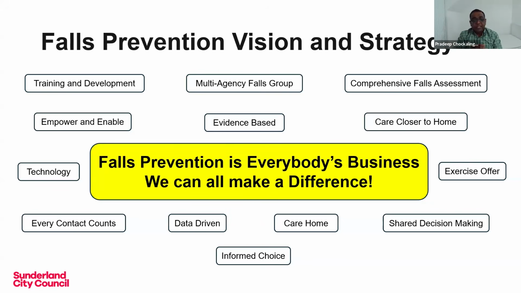And our strategy covers training and development, empowering and enabling people, a multi-agency falls group, assessment with every contact counting, data-driven and shared decision making, and exercise, software and technology. These are all the strategies to achieve our vision. I will talk about some key strategies, what challenges we face and how we are overcoming them. Next, please.